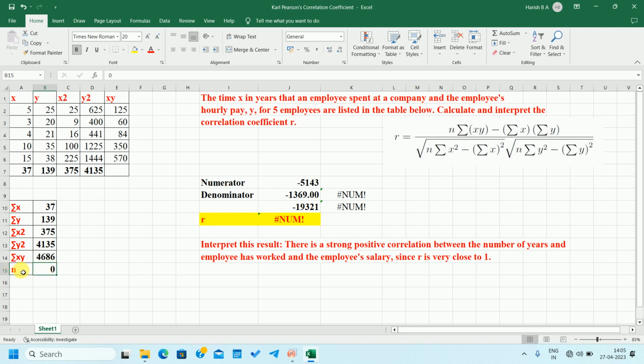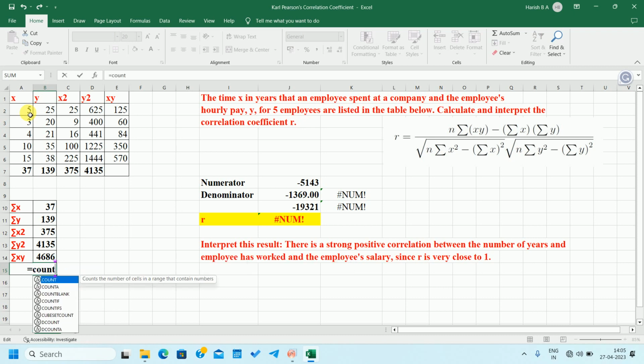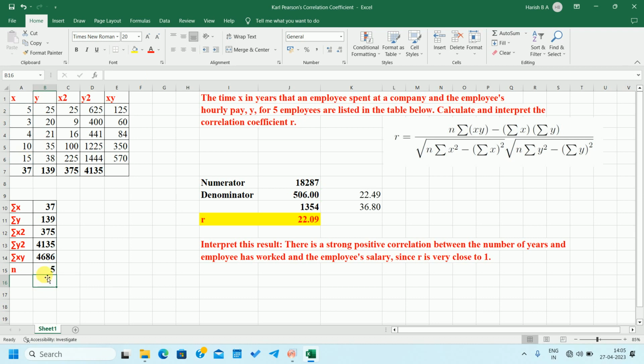So n value. N is nothing but the number of variables. So for which, just use the command count. So count from this cell to this cell. So n value you will get 5.